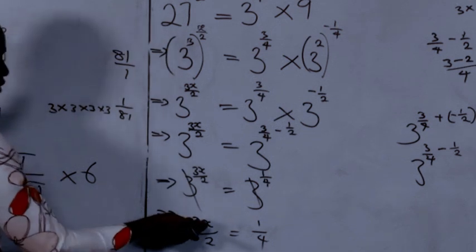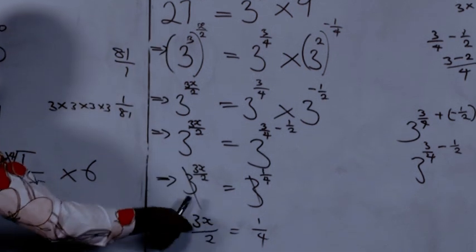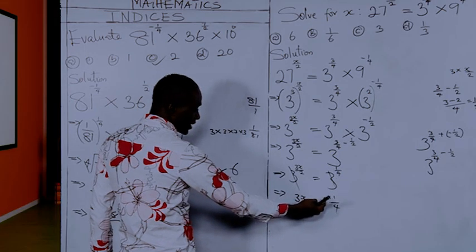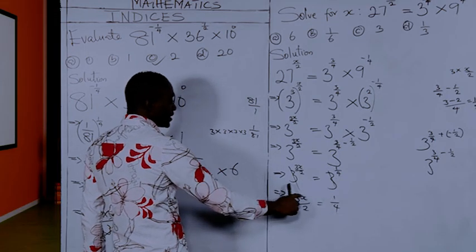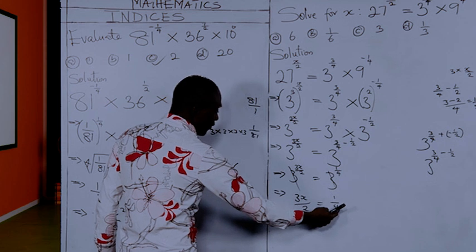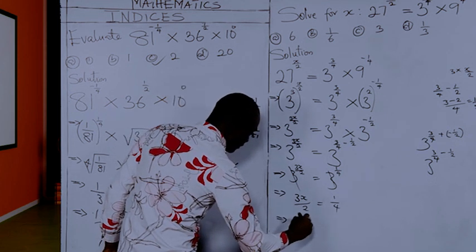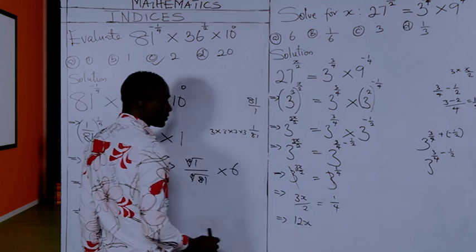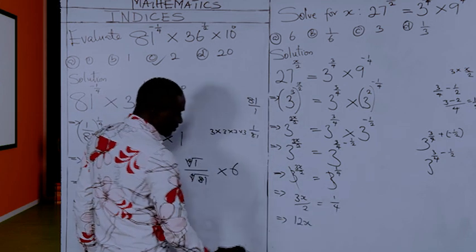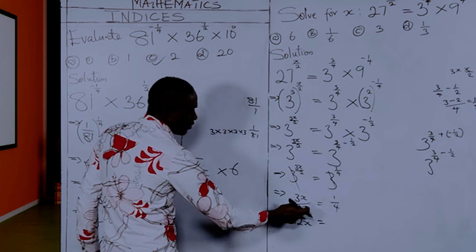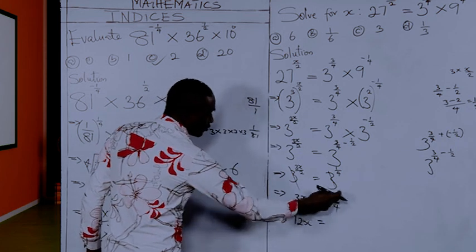Because we have variables, that's why we are applying cross multiplication. Because we have variables and this is an equal sign. 3x times 4 will give us 12x. Now equal to our equal sign, which is this. When you multiply this by this, 2 times 1, that is what? 2.